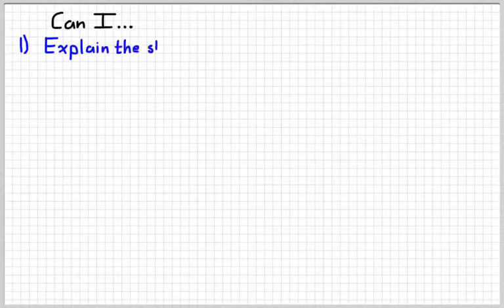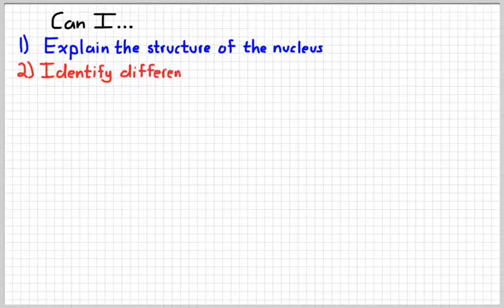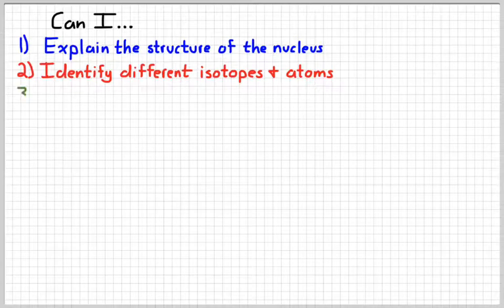Okay, so let's review real quick. Can you do the following? Explain the structure of the nucleus, what it's made out of. Can you identify different isotopes and atoms? Like if I give you the atomic number and the mass number, can you tell me how many neutrons there are? Describe a quark.